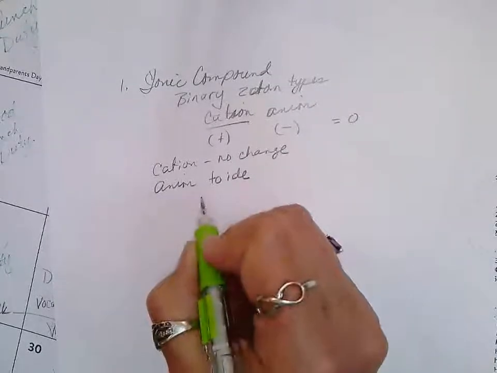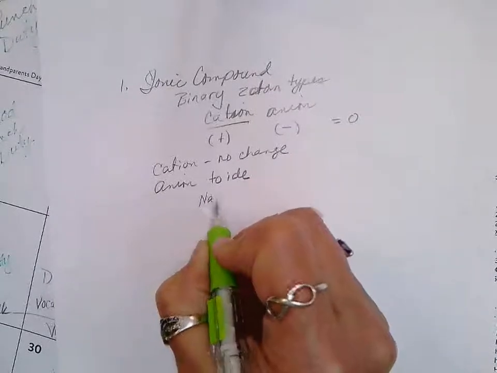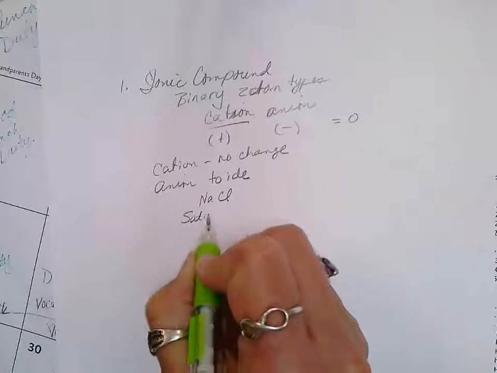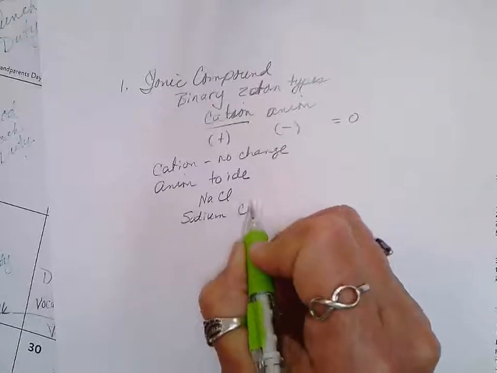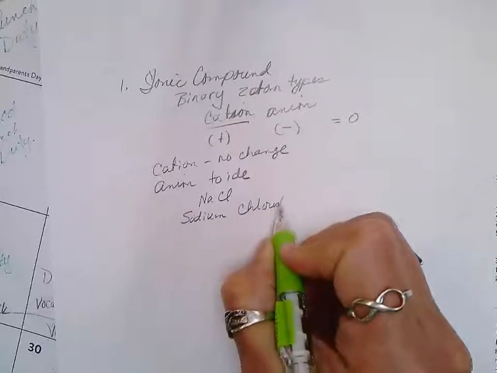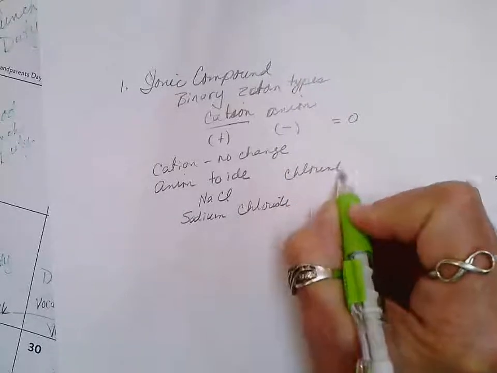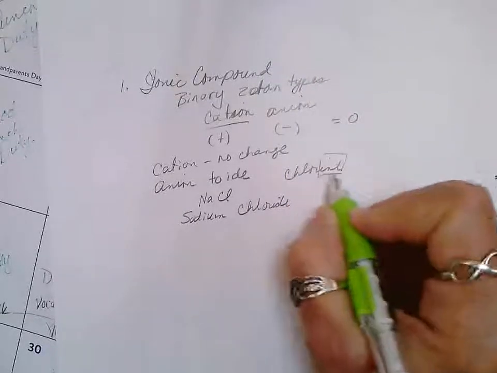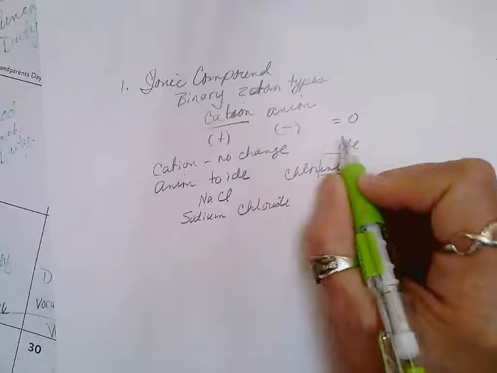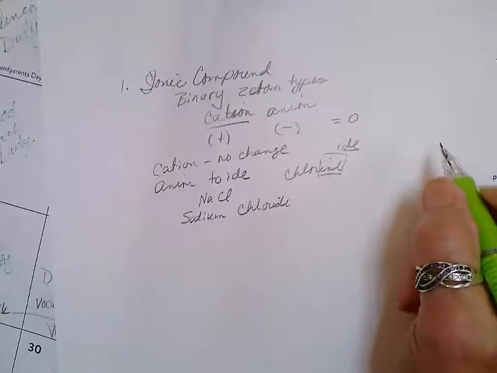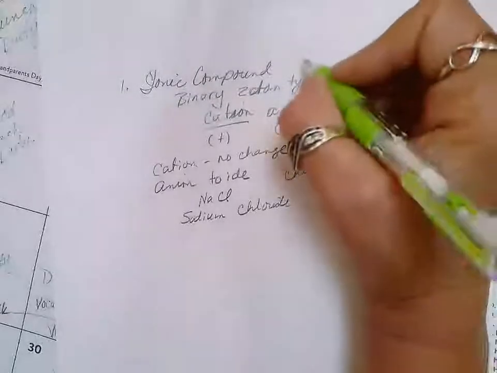So if I had something like NaCl, I would name that sodium for the cation and chloride for the anion, because chlorine, this ending is going to change to IDE. Fairly straightforward. Right now we're just talking about naming compounds.